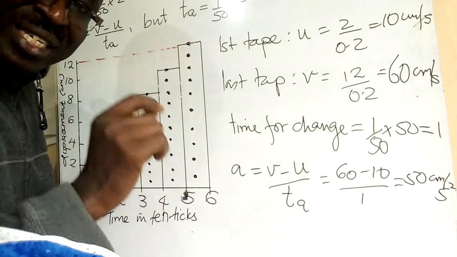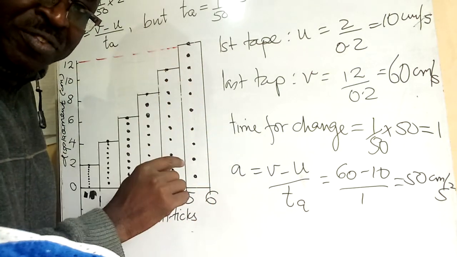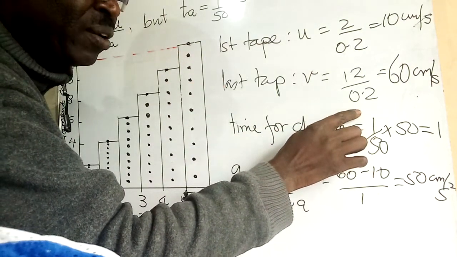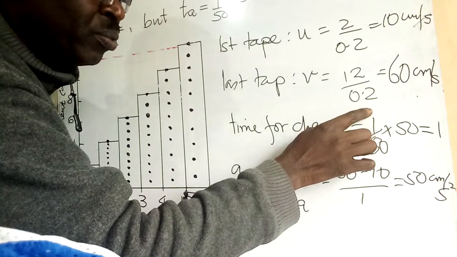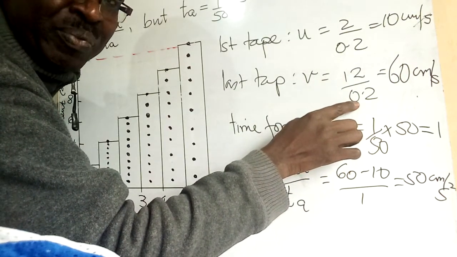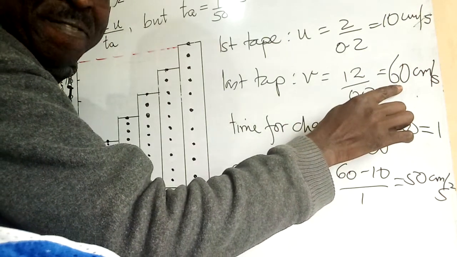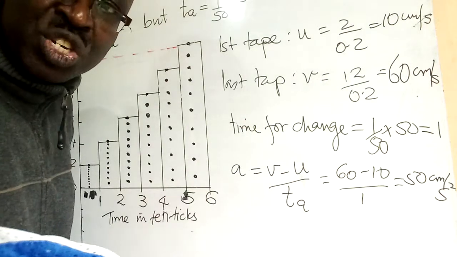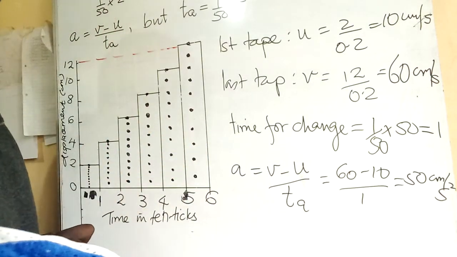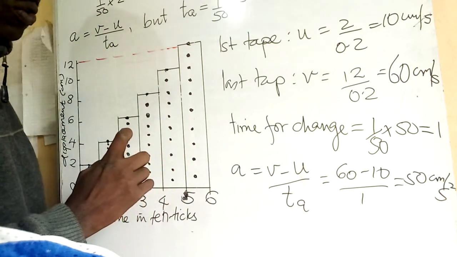If I want time for 10 spaces, I'll do 1 over 50 times 10, which gives us still 0.2. So when you put distance 12 divided by time taken to cover 10 spaces, your final speed comes to 60 centimeter per second. A big concentration is required now.